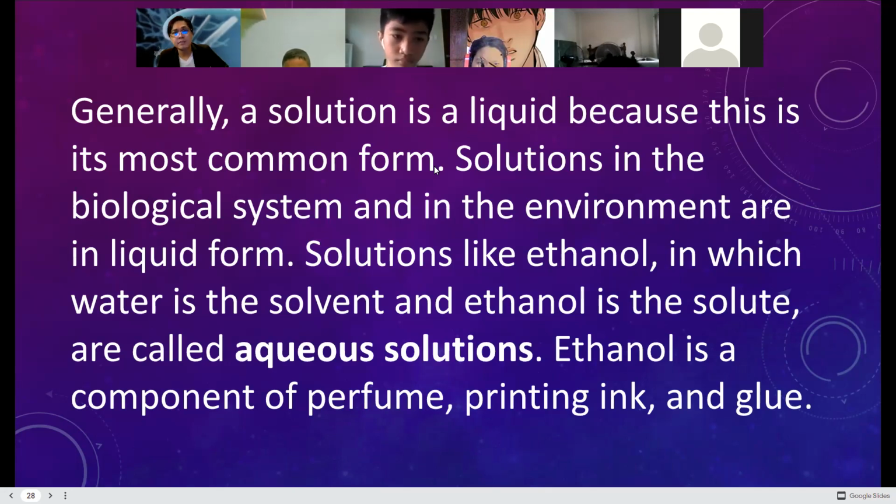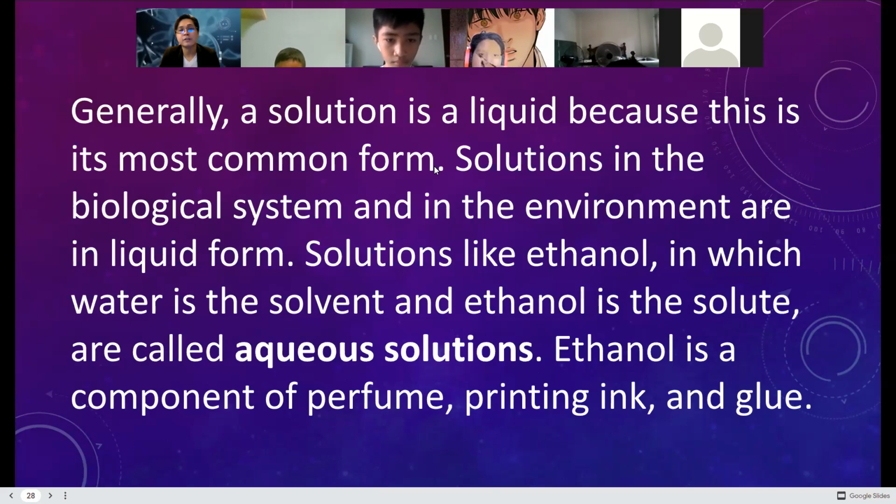Because if it is 100% alcohol, it will eventually evaporate and it will not do something in your skin or in your application. Again, this is a disinfectant, meaning it needs to stay for around seconds or a minute on your skin in order to take effect. In order to do that, we need to put water in it to prevent the evaporation process.